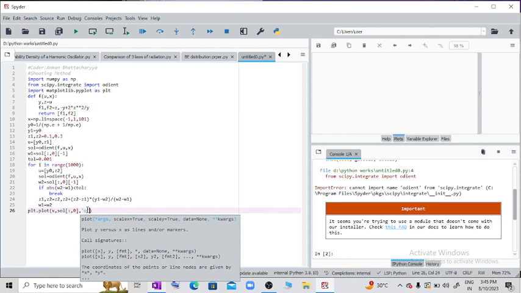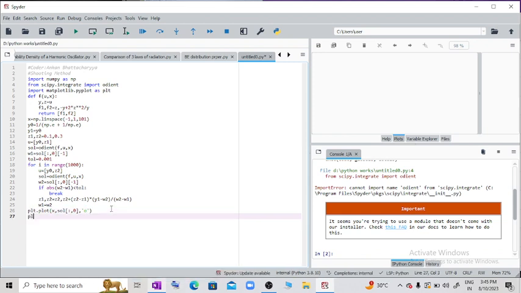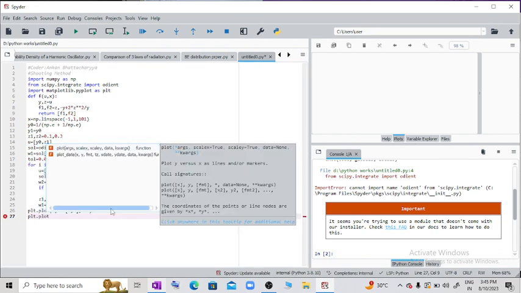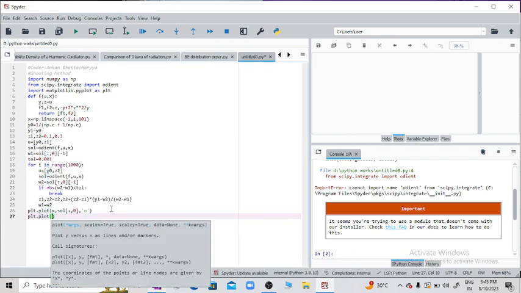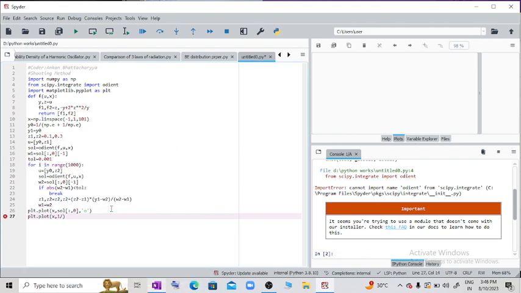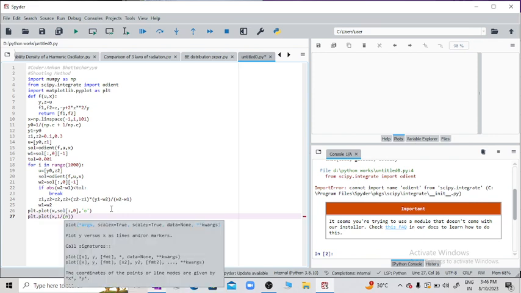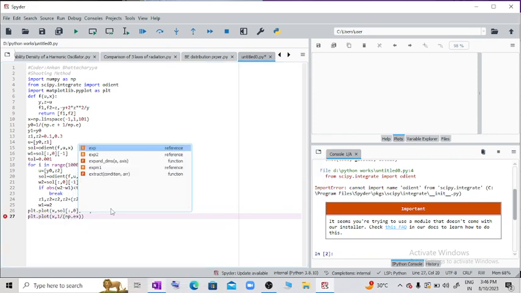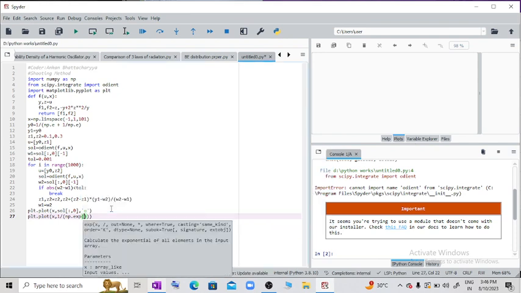Let us say this, and let us plot the actual solution like this. The actual solution is nothing but given by the analytical method like this, 1 by this.